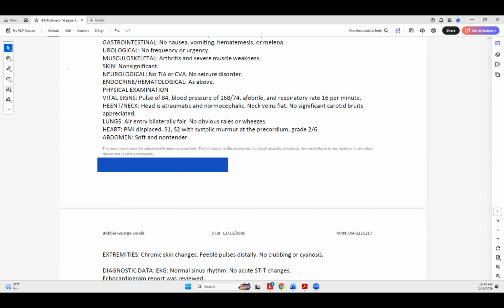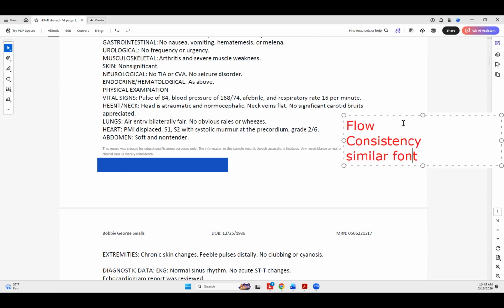You need to ensure that the medical record pages have the same flow and the same consistency. And dare I say the same font? I'll say similar font. Okay? What do I mean by this?